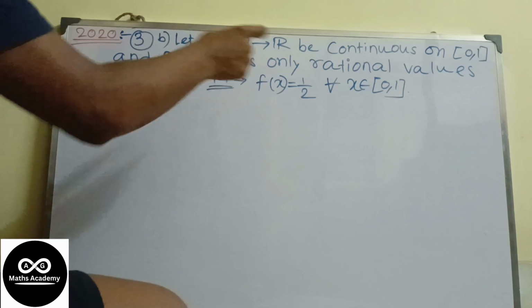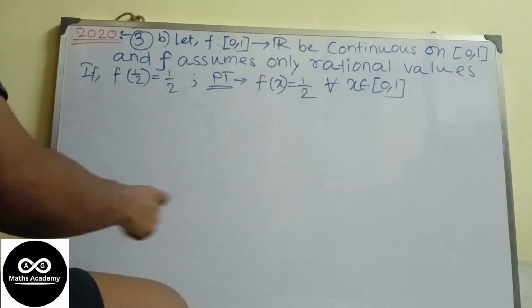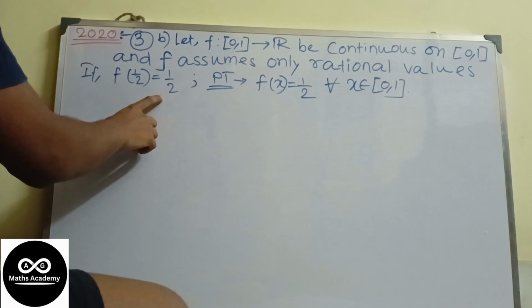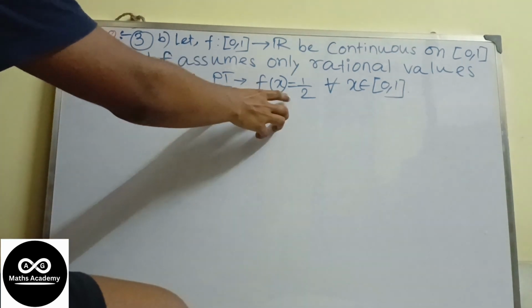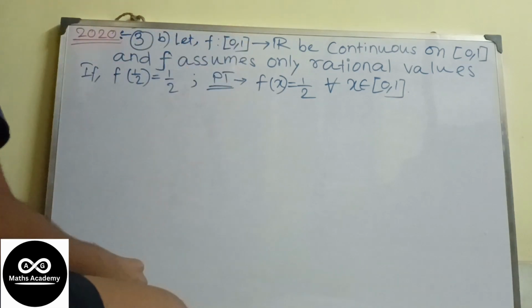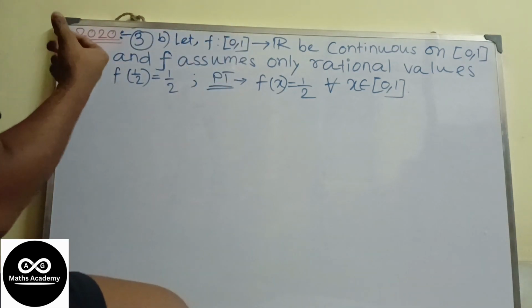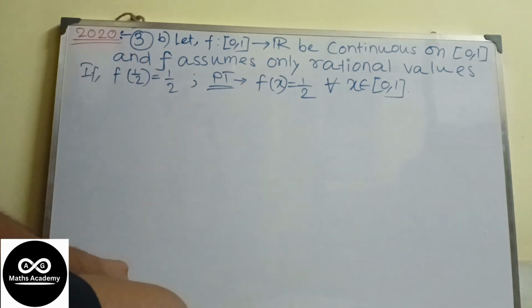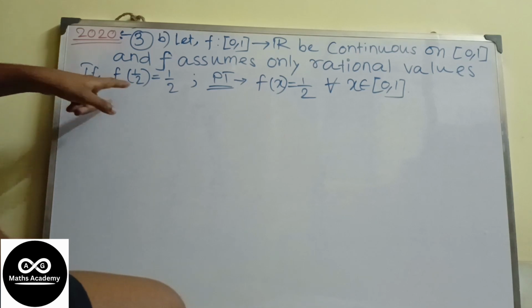Now if f of half is half, then prove that f(x) equals half for all x in its domain. So we need to show that f(x) is a constant function which is half, and the given is f of half is half.